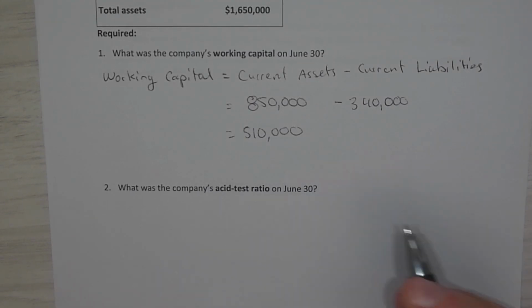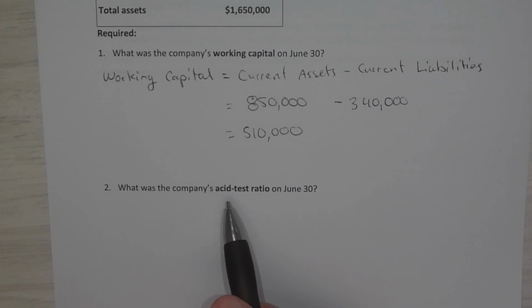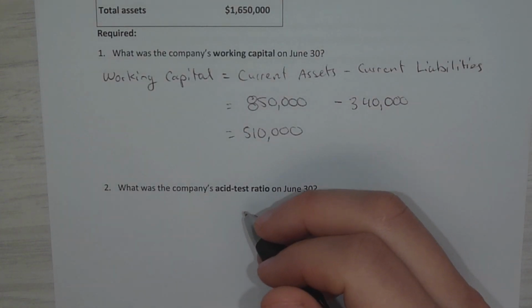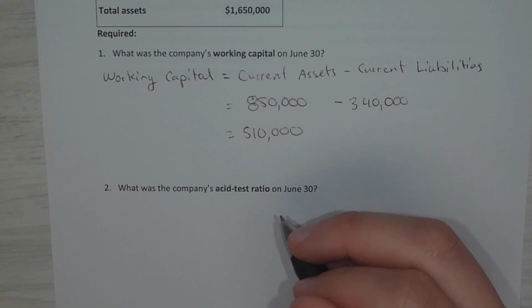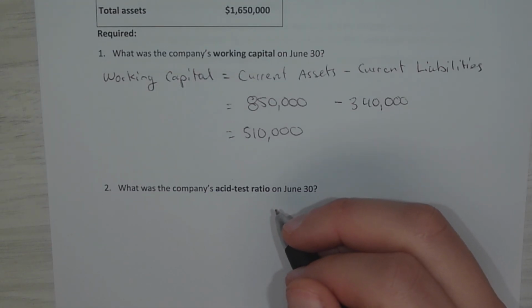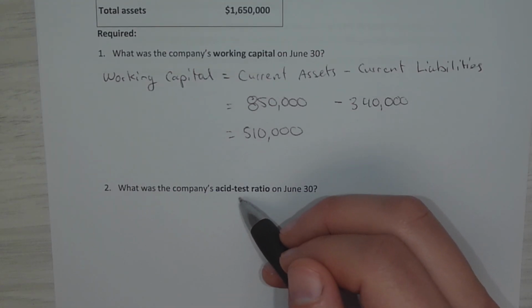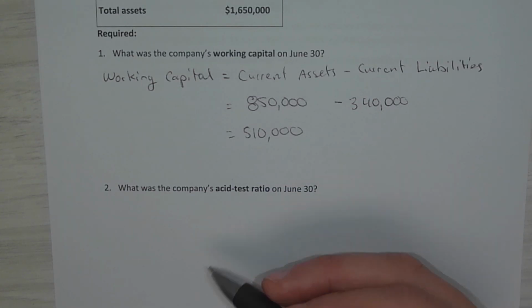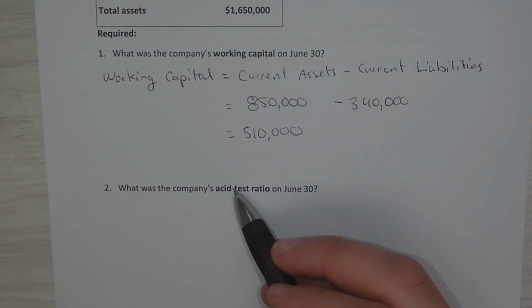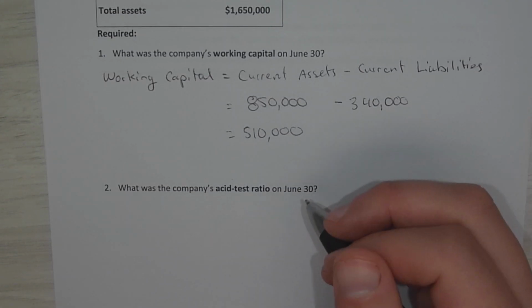The idea of an acid test is if one of these loans had to get paid this week, what could we convert to cash immediately within a week? We can't blow out our inventory without risking our business, and we can't get our prepaid expenses back if we have prepaid insurance or other things. So because we can't cancel our insurance premiums and other prepaids, we can only use our cash and AR.